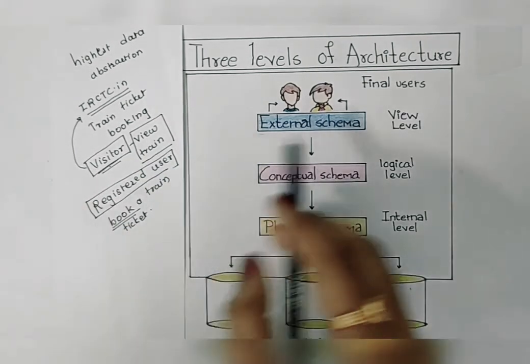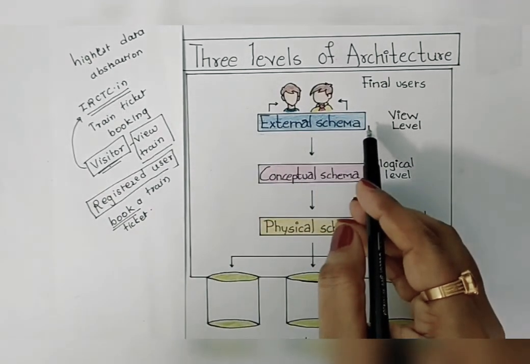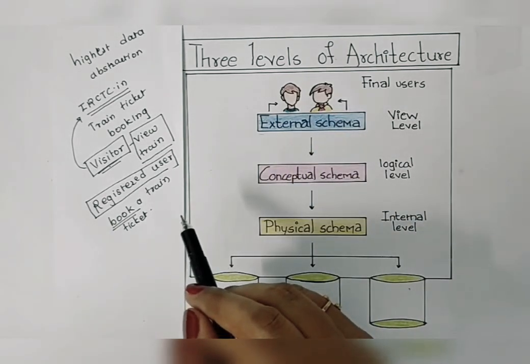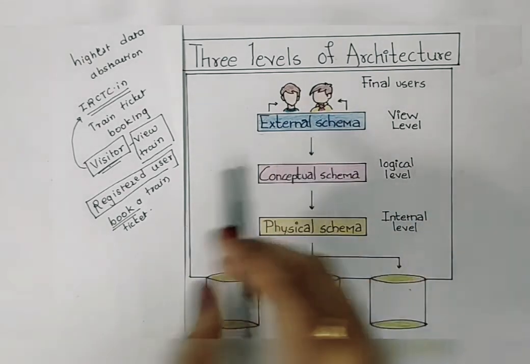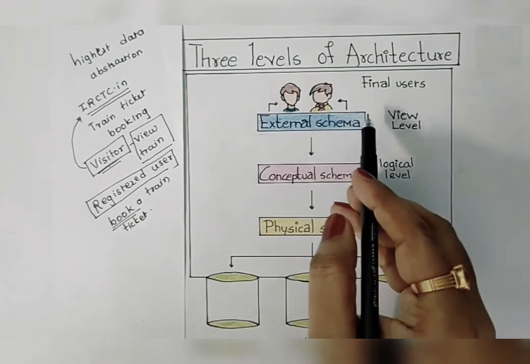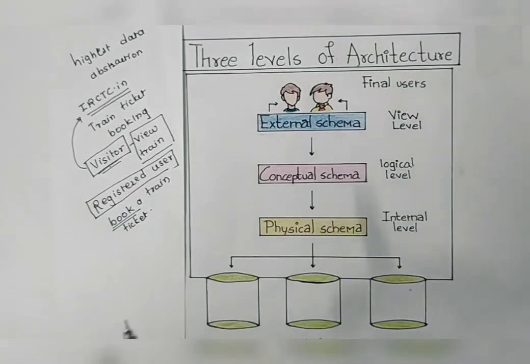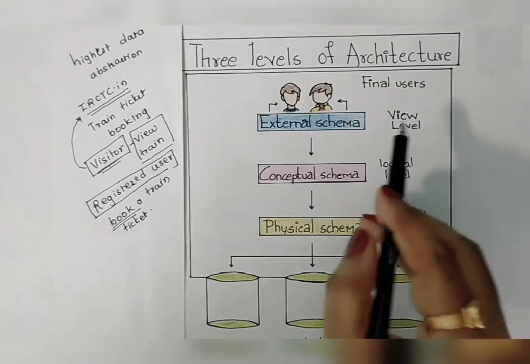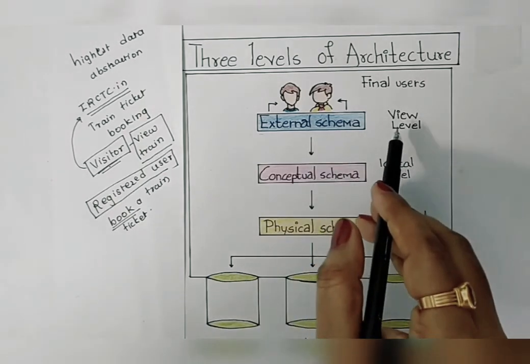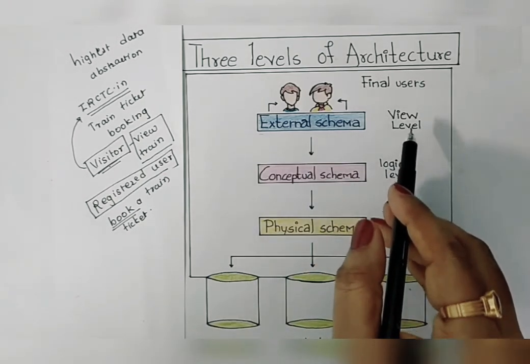So this external schema can provide multiple views of data depending upon multiple users. Okay. So different views are created according to different users in this external schema, or you can say view level. So multiple views are created. That's why we are calling this level as a view level.